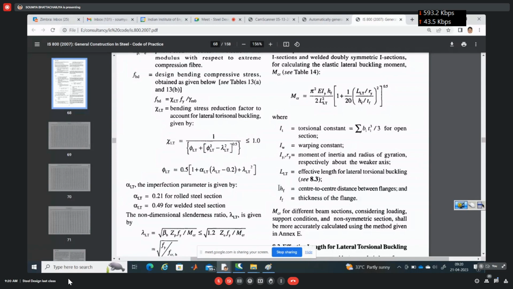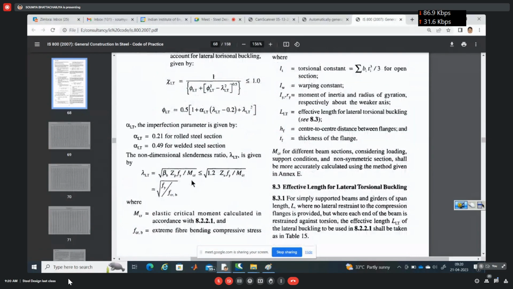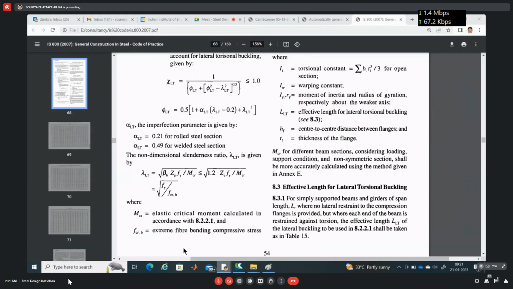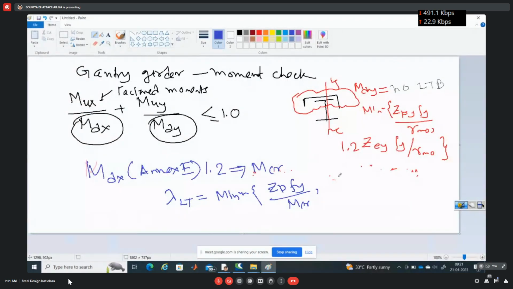Lambda LT is the square root of beta B ZP Fy by M critical, so that is the minimum of ZP Fy by M critical, or, similar to your compression member, 1.2 Ze Fy by M critical.